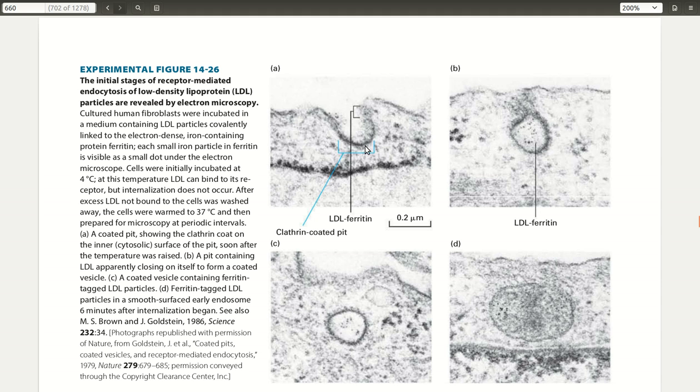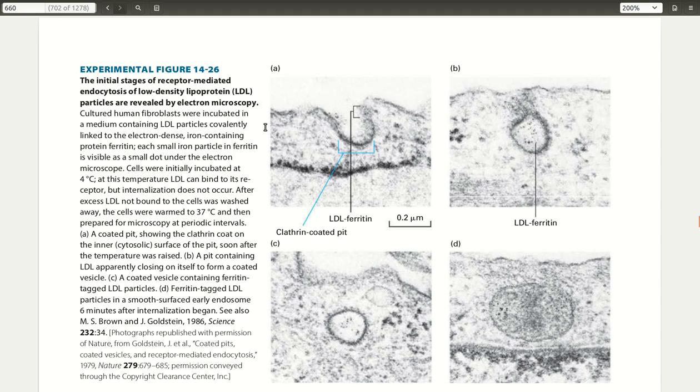In this image, the LDL particles are labeled with a protein called ferritin, so that we could see it through the electron microscope. You see here all the dark spots are the electron dense regions of the LDL coated proteins.